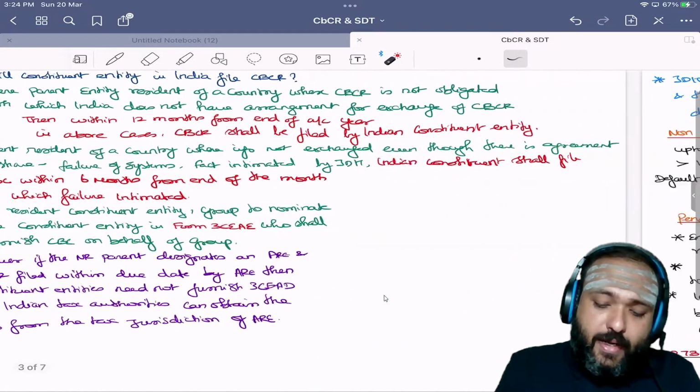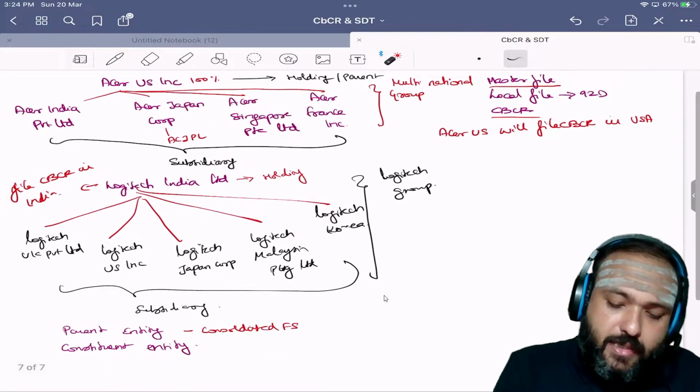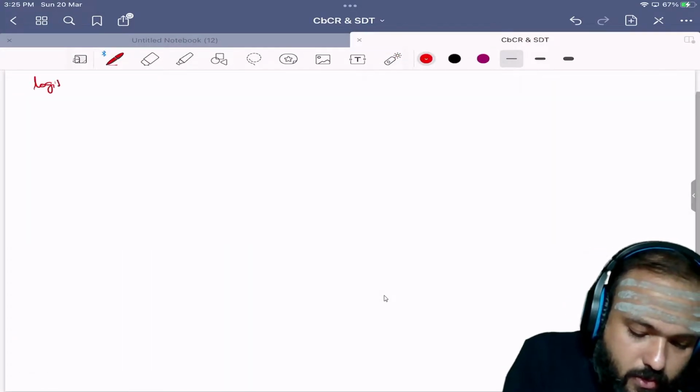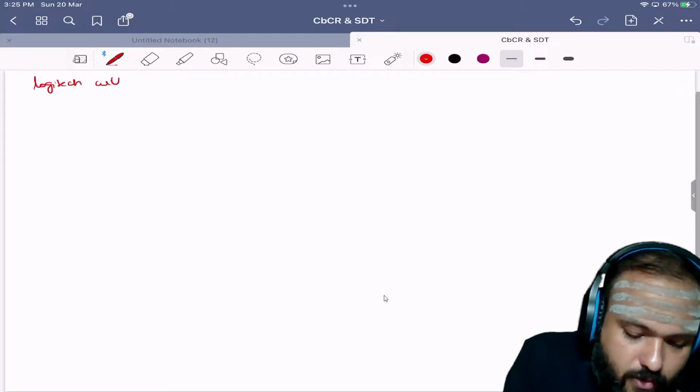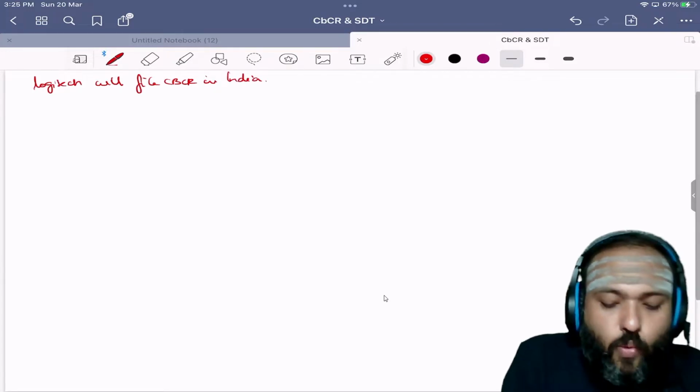Let us go back to our example. Here, let us take Logitech. Logitech will file CBCR in India, and what will they disclose?